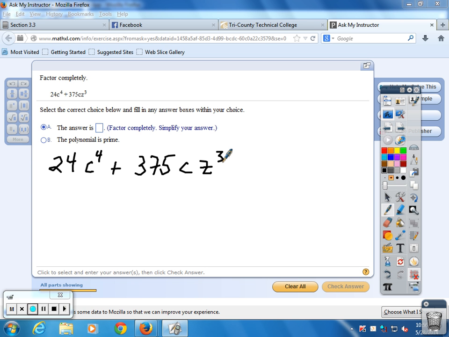I still want to get a perfect square out of this thing. So, you know, divide by 3. Okay, so 3C. And that'll leave you with what? 8C to the third. There's a perfect cube, plus Z to the third. There's another perfect cube.